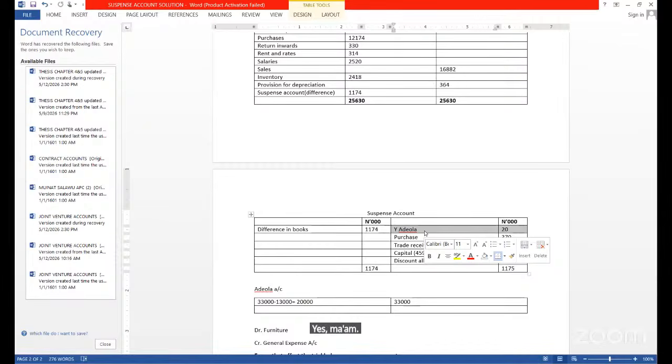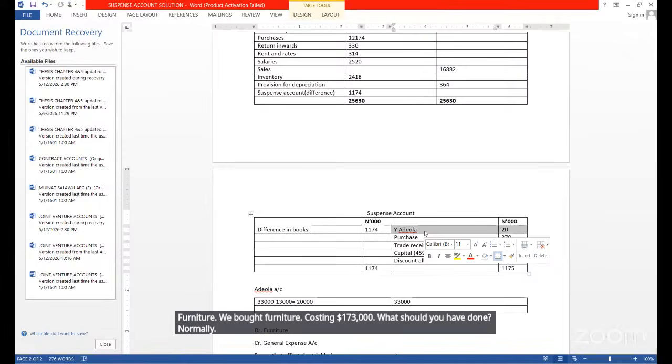Good. So the second one, furniture was debited to general expense account. We bought furniture costing 173,000. What should you have done? Normally, you want to record the purchase of furniture. What do you do?